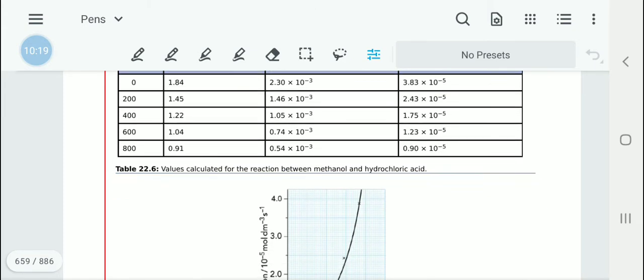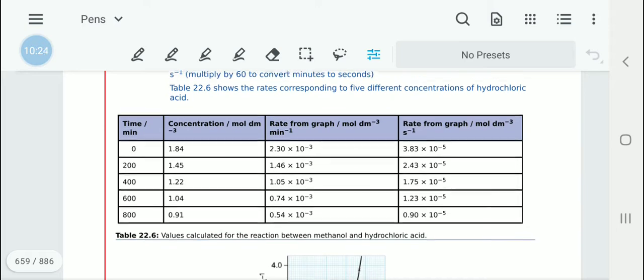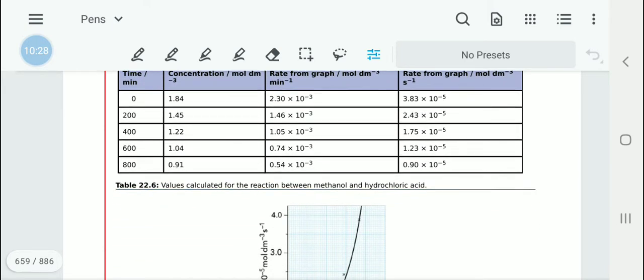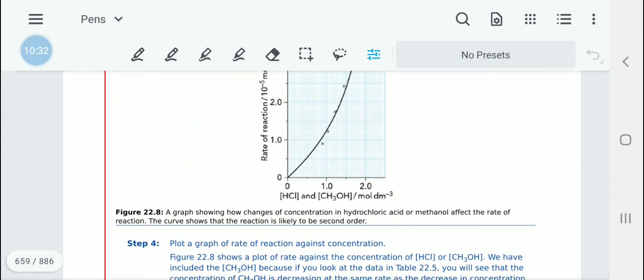So then for methanol and hydrochloric acid, you figure out different rates, and thereby you draw the graph showing how the concentration of hydrochloric acid or methanol affects the rate of the reaction.